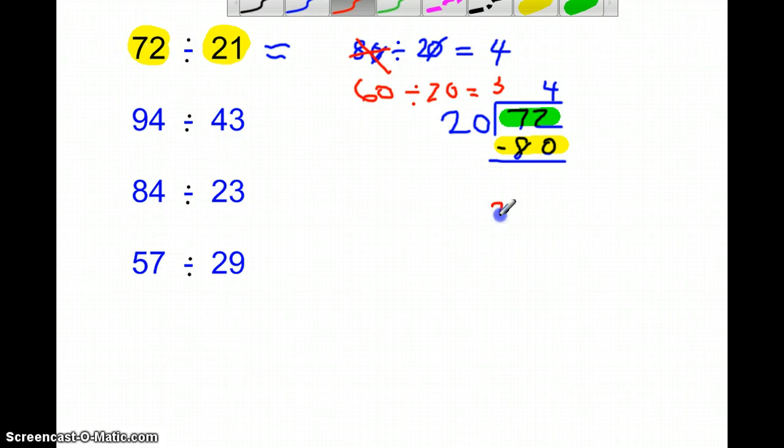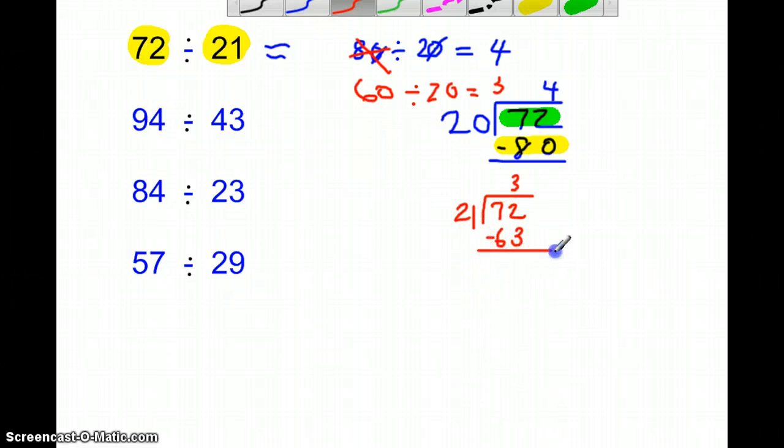So I have 72 divided by, and now I'm going to put the real number in. This I was just showing you to show you the estimate. 72 divided by 21. So I'm going to use my estimate of 3. So 3 times 21, well 3 times 1 is 3, and 3 times 2 is 6.